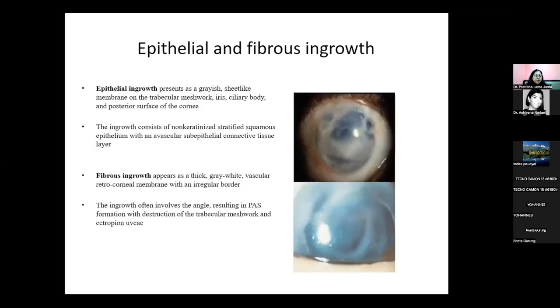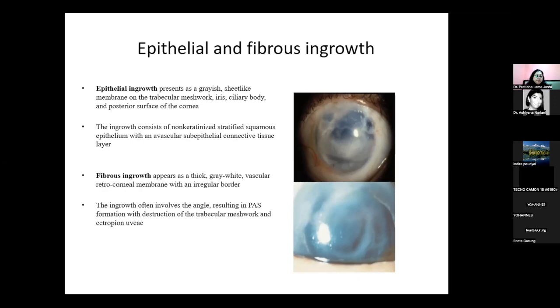In epithelial ingrowth, there is a fine grayish sheet-like membrane on the trabecular meshwork, ciliary body, iris, and posterior surface of the cornea. The ingrowth consists of non-keratinized stratified squamous epithelium.